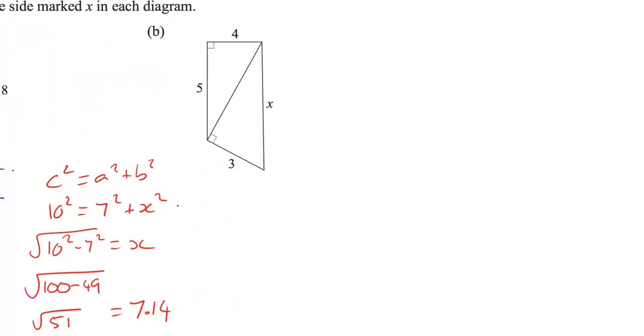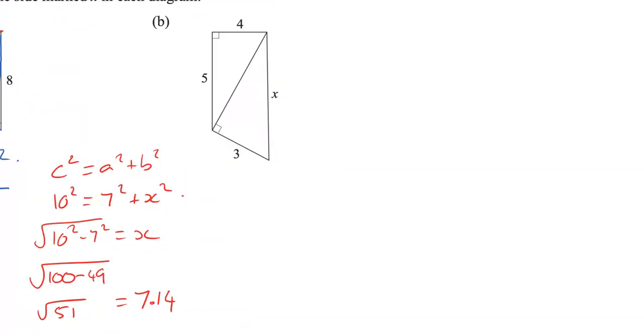Let's have a look now at part B, and see if we can apply the same situation here. Just like in the last example, we're going to need to find some information out first. So let's consider this blue triangle and work out the hypotenuse of that blue triangle. That will be 4 squared plus 5 squared, square rooted.